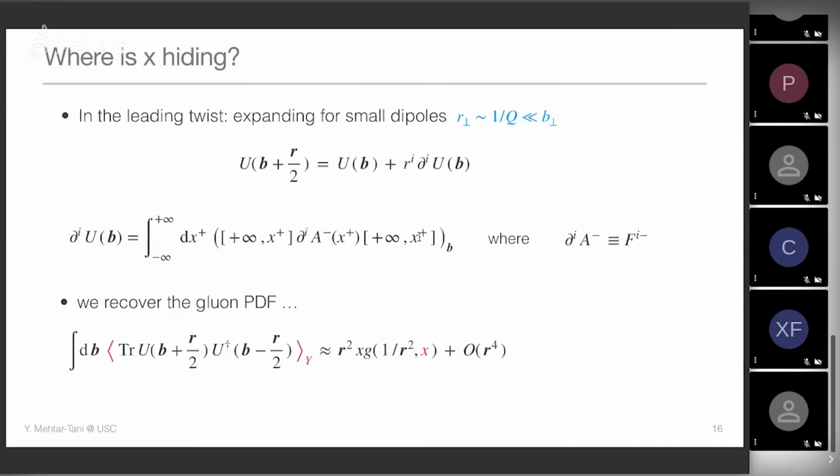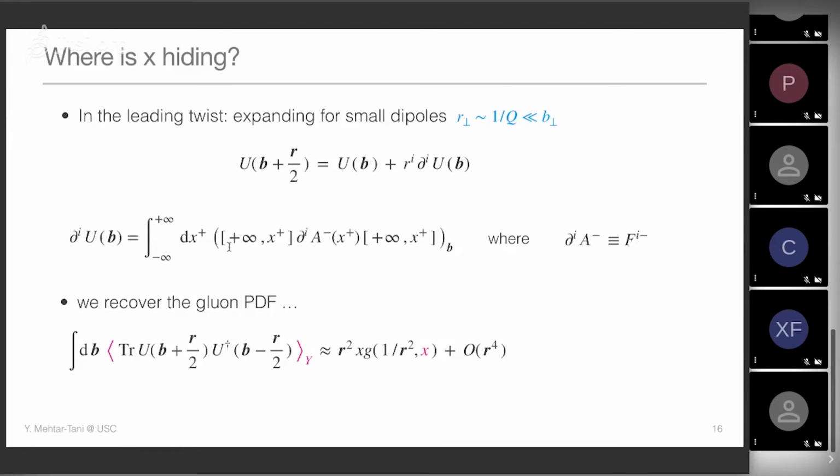There's a typo here: one should go from minus infinity to x plus, and then x plus to plus infinity. So you have two gauge links that dress this object. But then you recognize, in fact, the field strength tensor. This object is natural in the operator product expansion, and this is how you interpret it as a transverse gluon that is exchanged with the target.